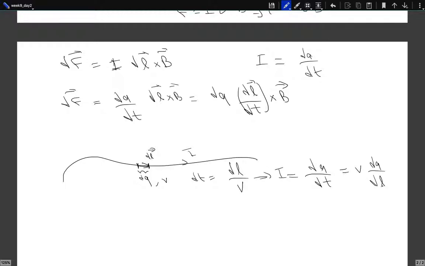That is what I did. But then the force acting on this wire is dq times dl over dt, which is just v, cross B.